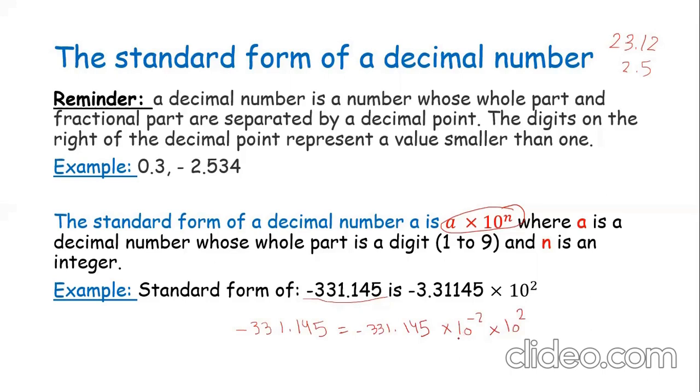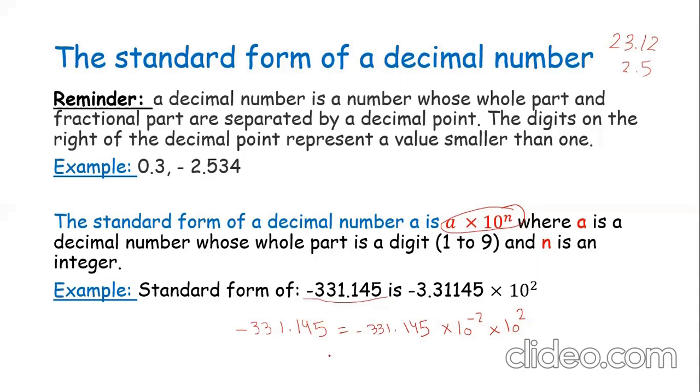Because what we will notice here is that this multiplication will eventually give 1, since 10 to the power of minus 2 is the same as 1 over 10 to the power of 2. And when we multiply them together, this number will be equal to 1. It's like multiplying by 1.